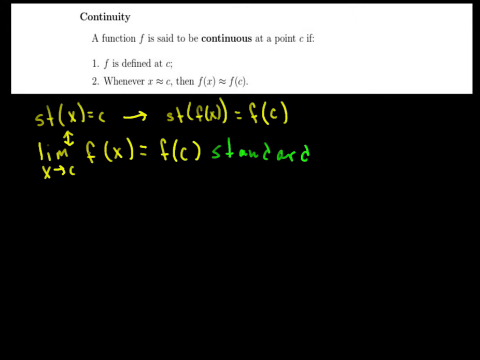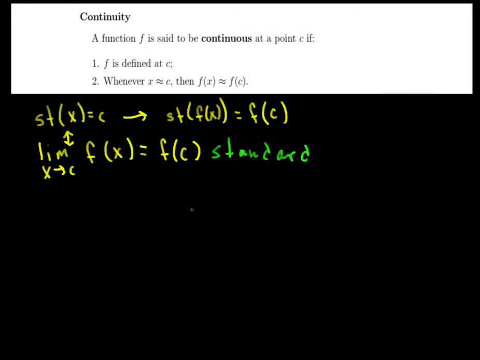They're one and the same. They're just different ways of seeing the same ideas. So we could think about standard parts, or we could think about limits. These are all equivalent ways of talking about continuity.